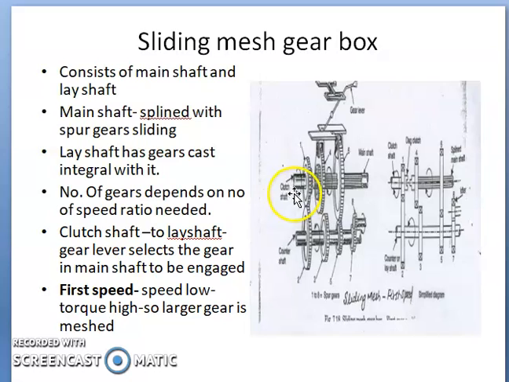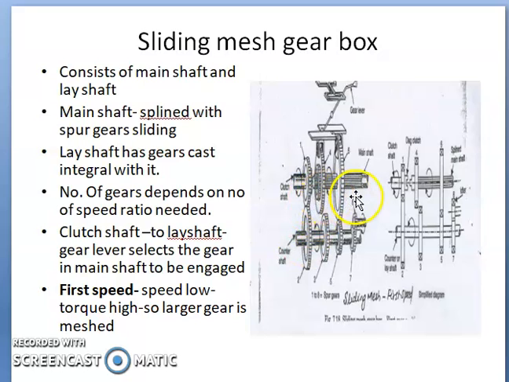The main shaft is the shaft which is splined and carries gears which can be moved along the splined shaft. And you can see in the lay shaft there are a number of gears, but these gears are not capable of moving along the lay shaft. Generally, they are cast integral as a single piece.